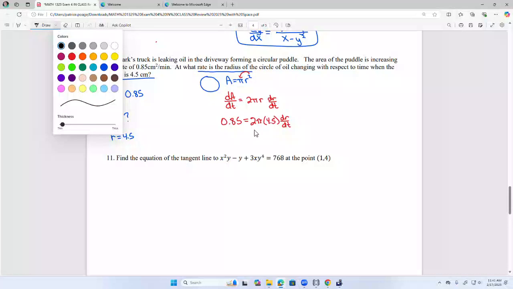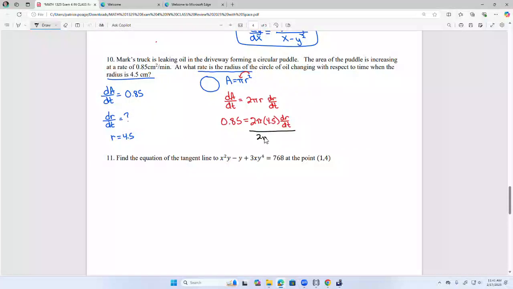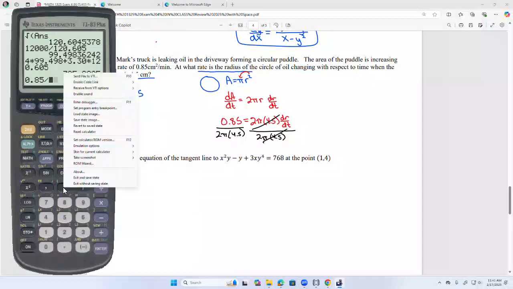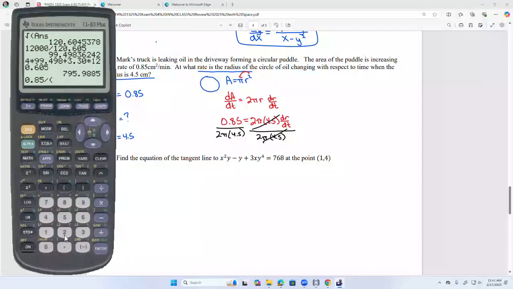So if I'm solving for dr/dt, I'm going to divide by everything that's being multiplied to it. So I'm going to divide by 2 pi times 4.5. That I can put in my calculator. So I'm going to put in 0.85 divided by, since I'm using my old school 83 calculator here, I need to make sure I put parentheses around the denominator.